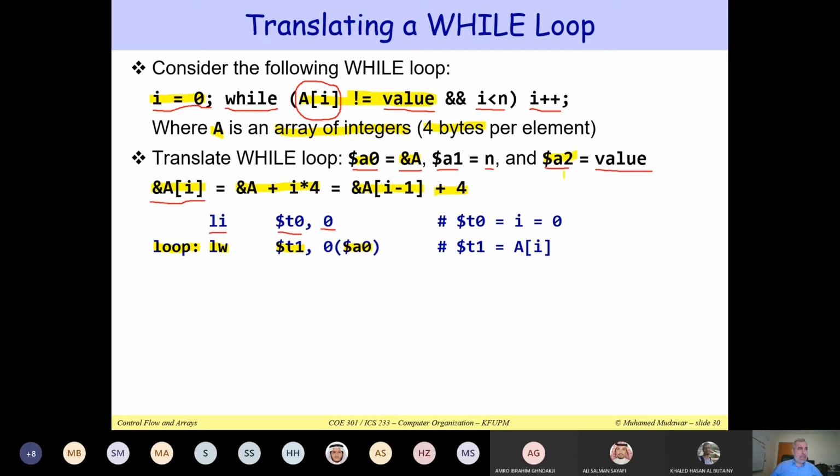Value is stored inside a register, which is register A2. So we say branch if equal T1, which is the value of A of I, to A2, and I would like to branch outside the loop. We are done; we have terminated the execution of the loop. The value is found, and that's it. This is my branch if equal instruction.